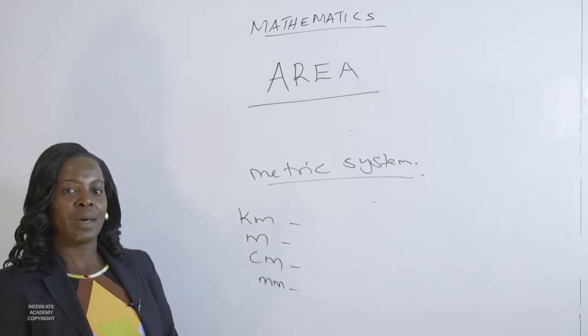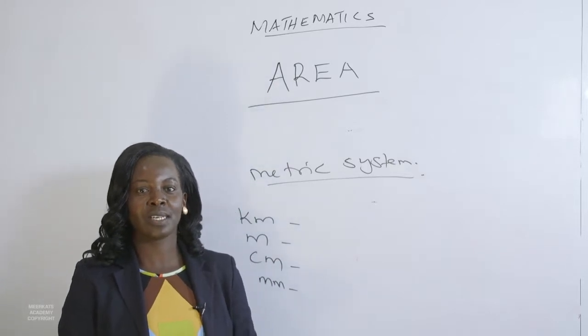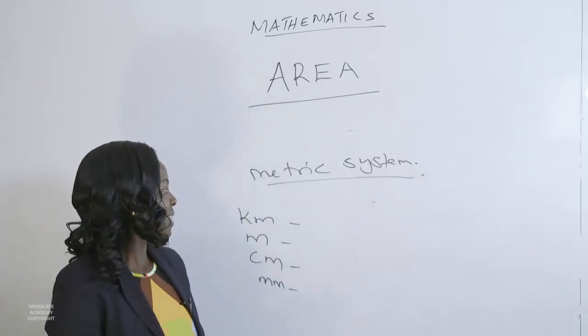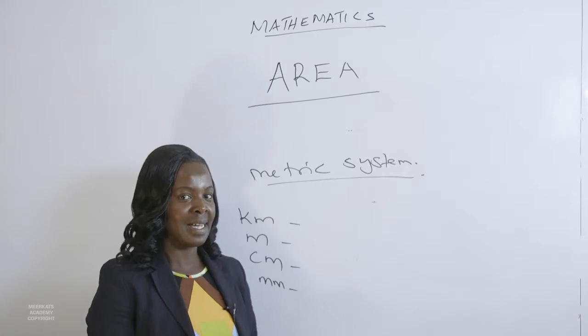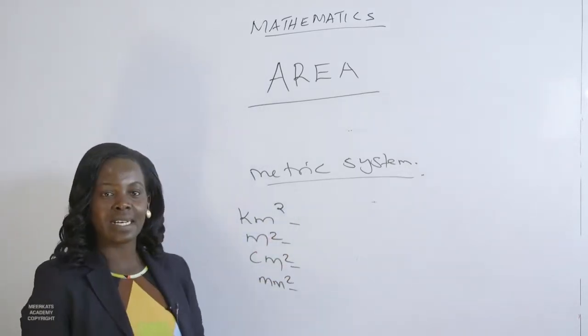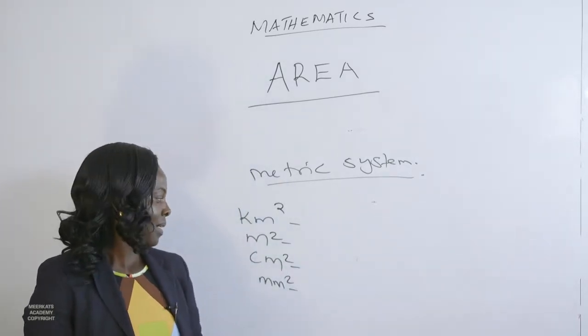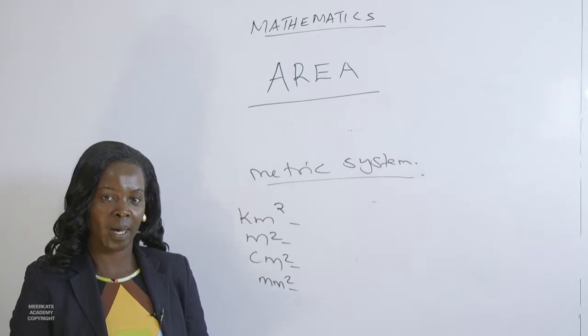In area, we measure area using square units. And the common units that we have in area are kilometer square, meter square, centimeter square, and millimeter square.